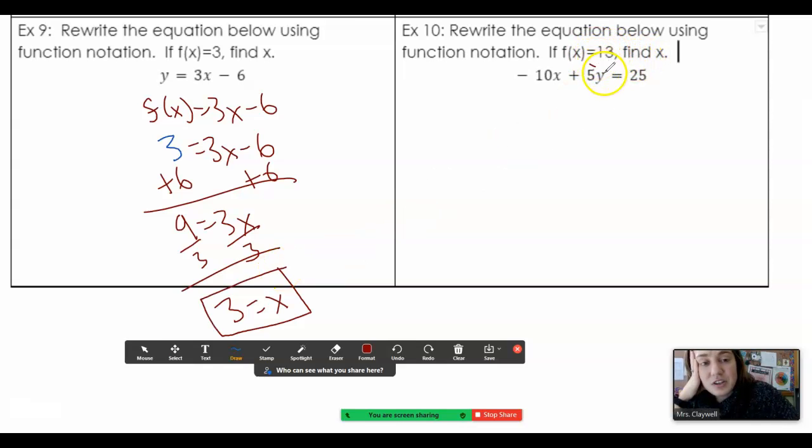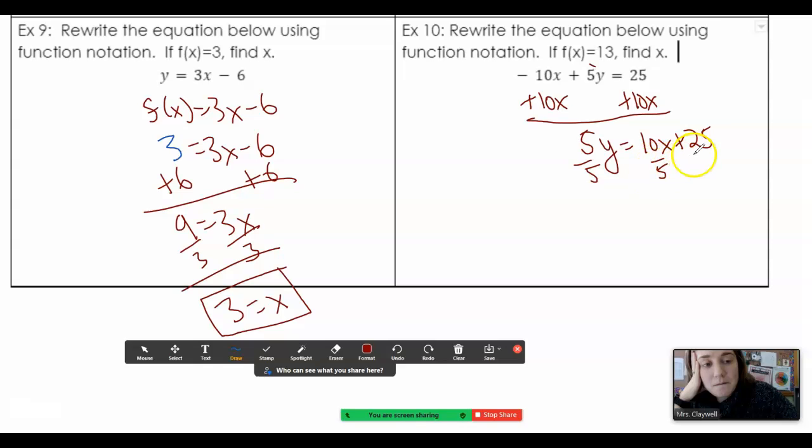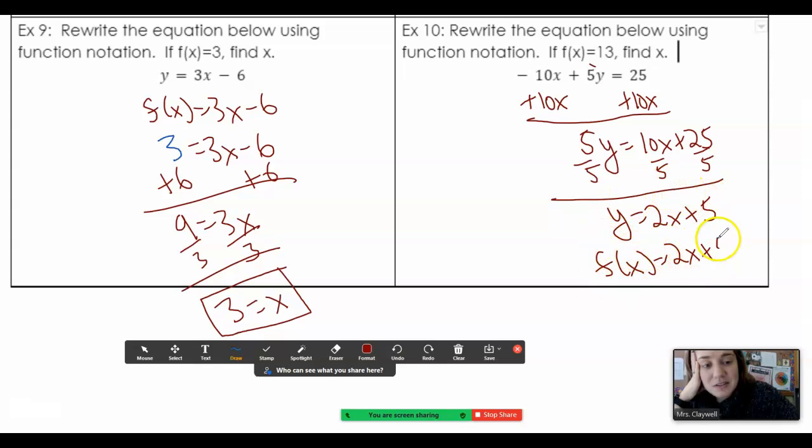Same situation here. I want my output to equal 13. Which is really f of x equals 2x plus 5.